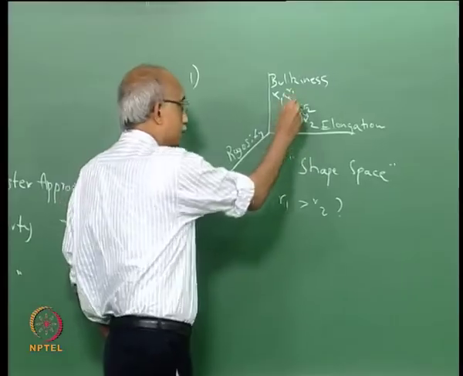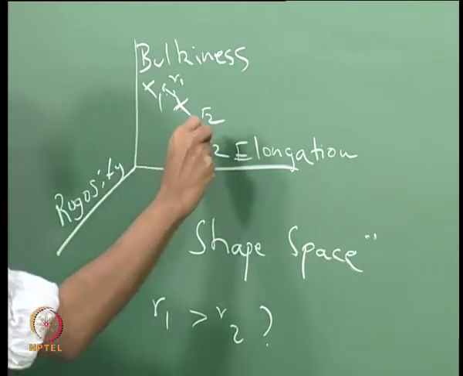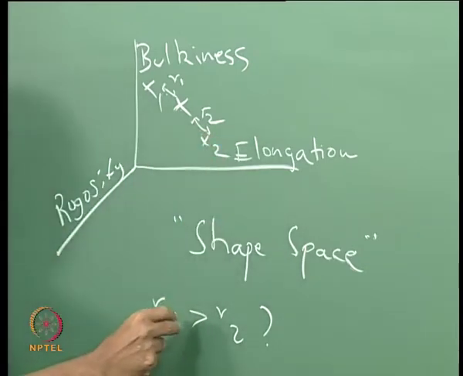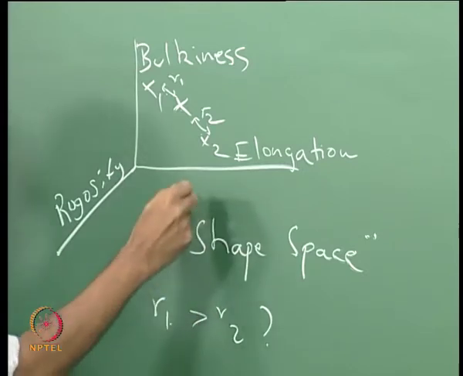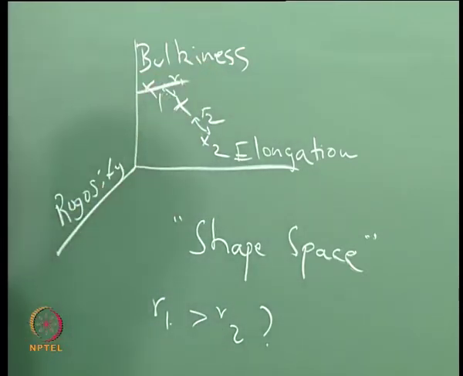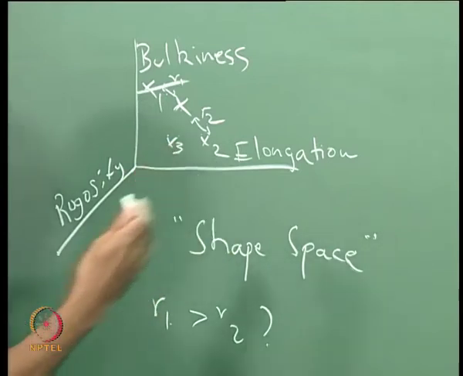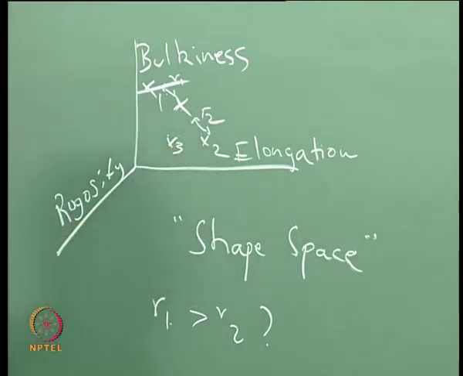Whichever is smaller, your shape is obviously closer to that candidate shape. So you discard, let us say that R1 is greater than R2, so you will discard x1. Now you choose a third shape x3, which is, let us say, closer to x2 in a way, right.